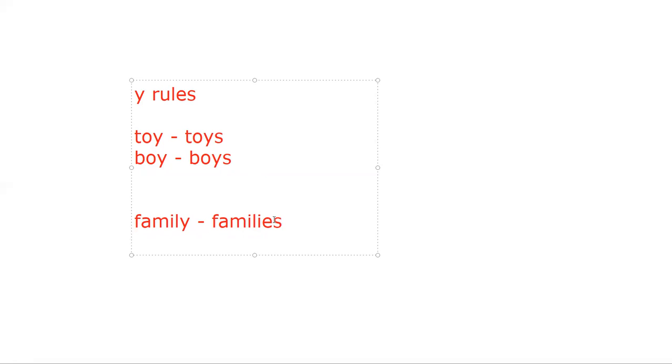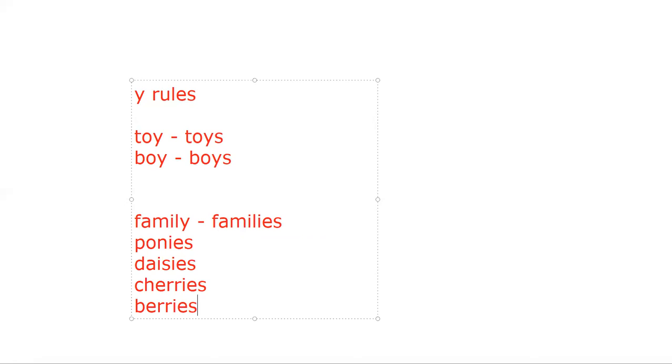Like in ponies, in daisies, families, ponies, daisies, cherries, berries, cherries. Okay. So what you will see is that Y is removed and IES comes.